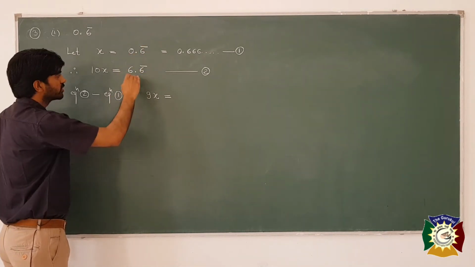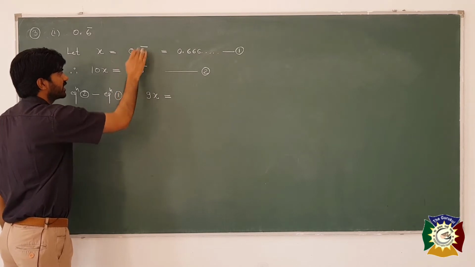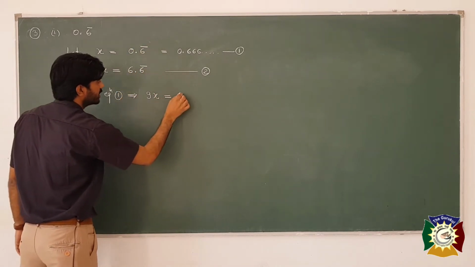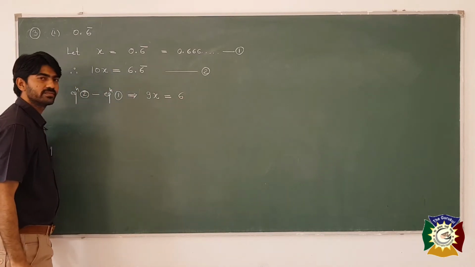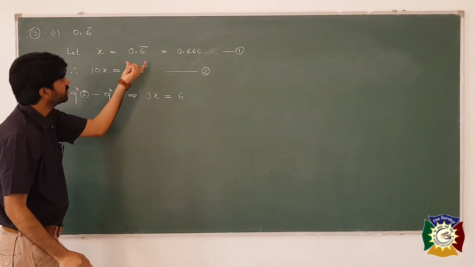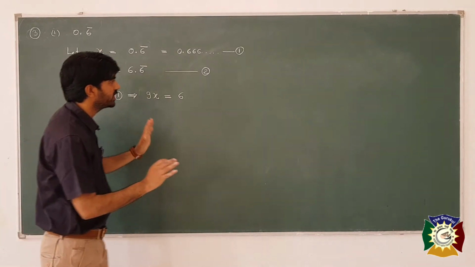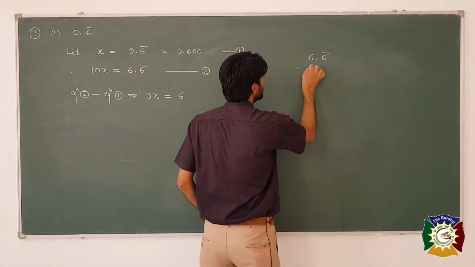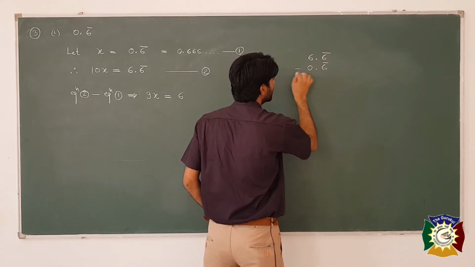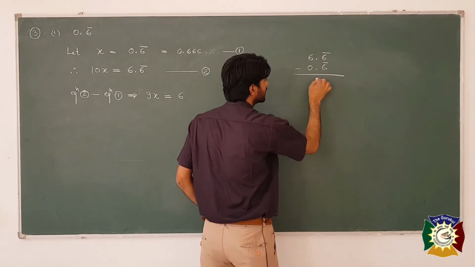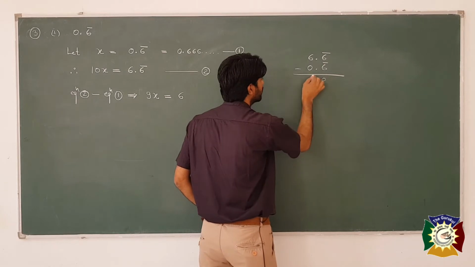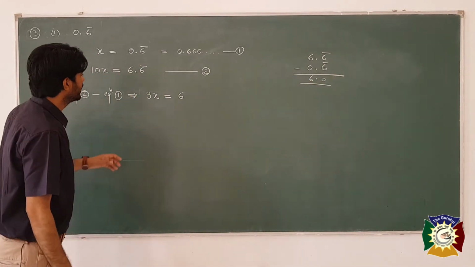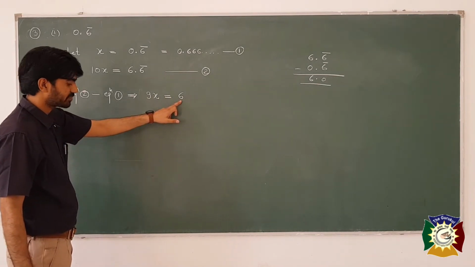So this 6 bar will get cancelled and we are left with 6 only. If you have any doubt, you can write 6.6 bar minus 0.6 bar. Nothing is left, only 6 is left. So we are getting 6 here.